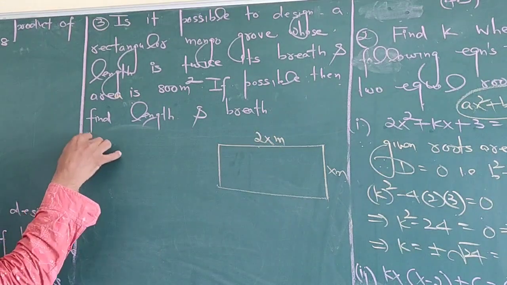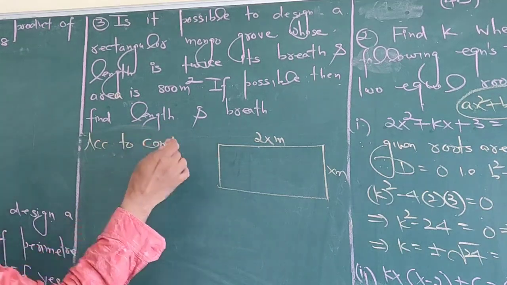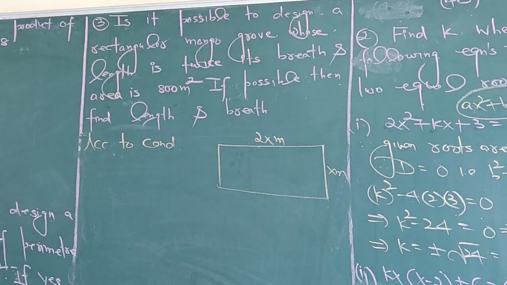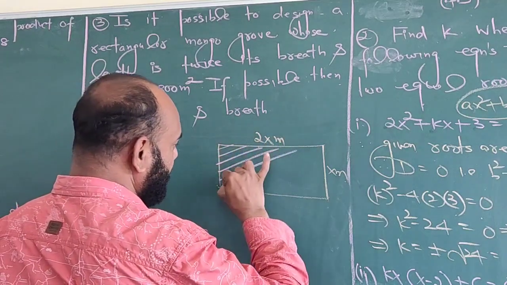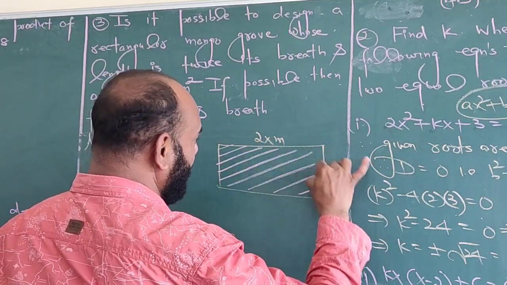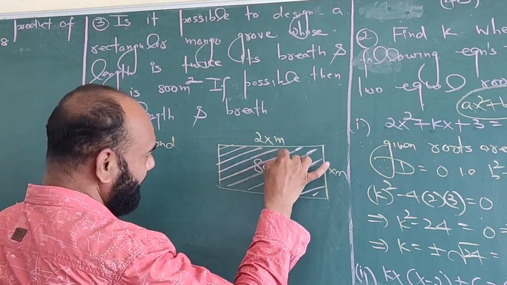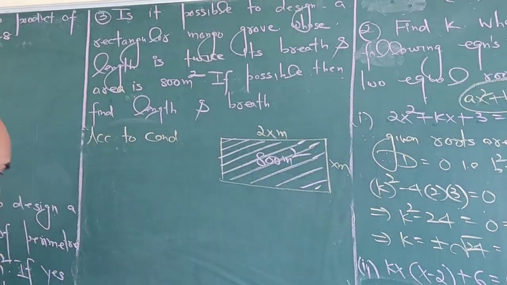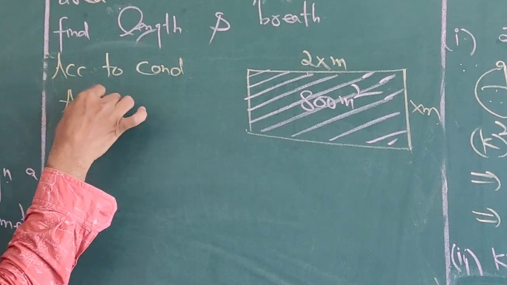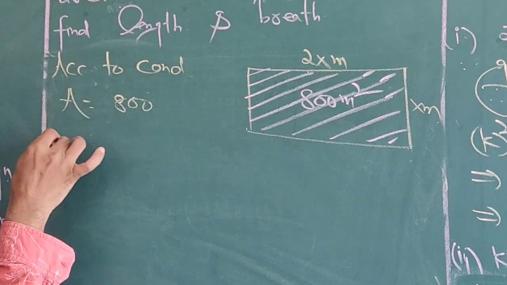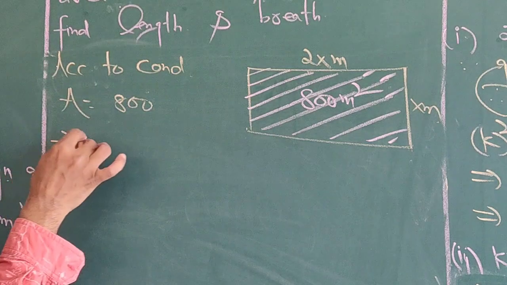Now according to the condition, it is given that its area is 800 meter square. Now we know the area of a rectangle is length into breadth.